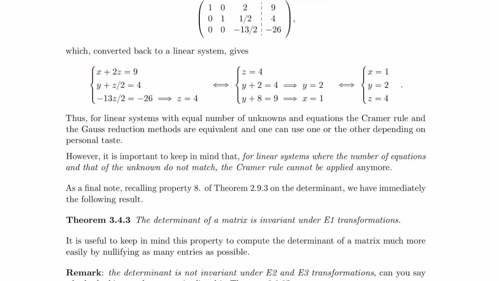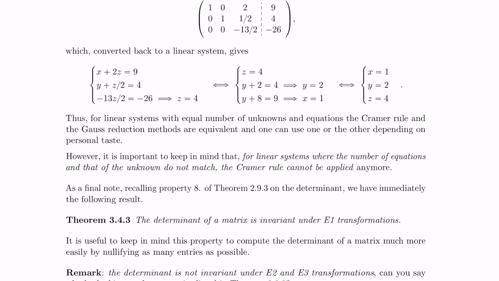However, keep in mind that for linear systems in which the number of equations and that of the unknowns don't match, Cramer's rule cannot be applied. Let me finish this section by saying that it is a very nice idea to mix the reduction method with Cramer's rule when, of course, it is possible, that is, when we have a square coefficient matrix, by performing E1 transformations in order to create as many null entries in A as possible.